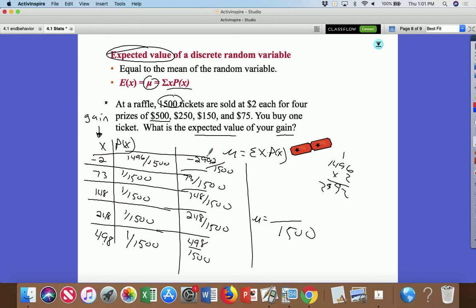I think you get negative 2025 over 1500. So if you divide that out, you get negative 1.35. So we'll talk about that.